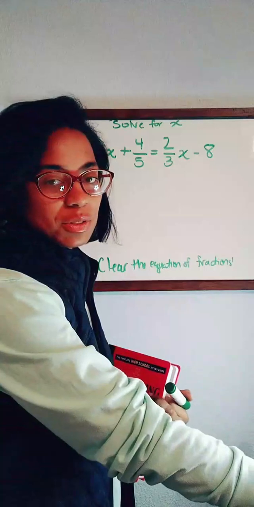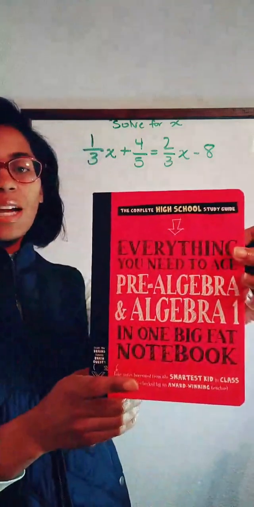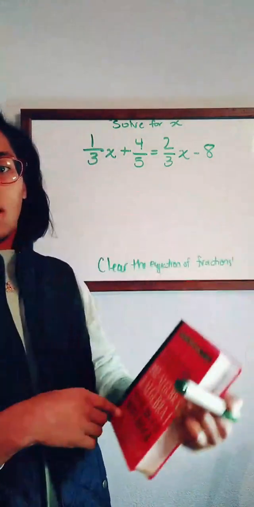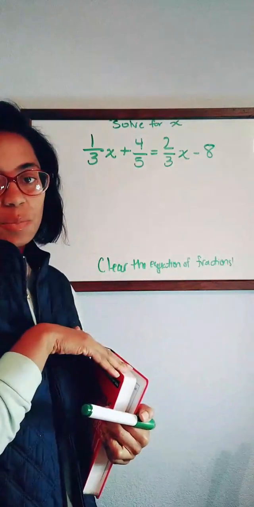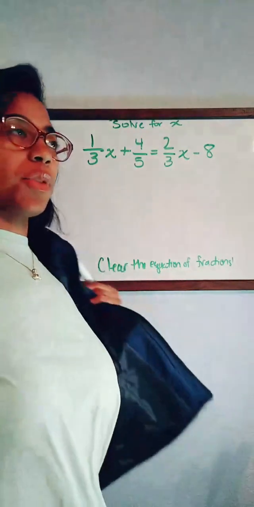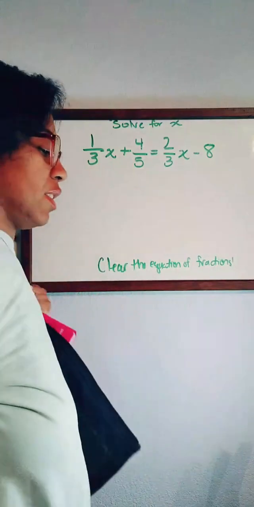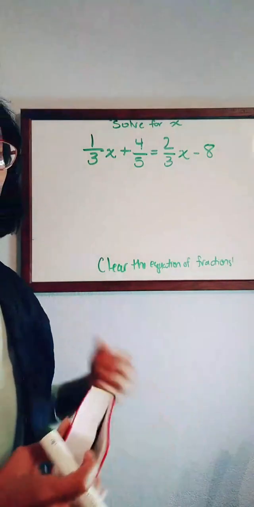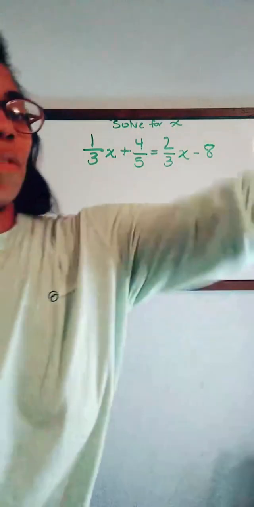It's algebra, beginning algebra. This is the book that I'm using. This question is not in this book though. Yep, multiply everything by 15, because you're looking for a number that the denominators are divisible by.